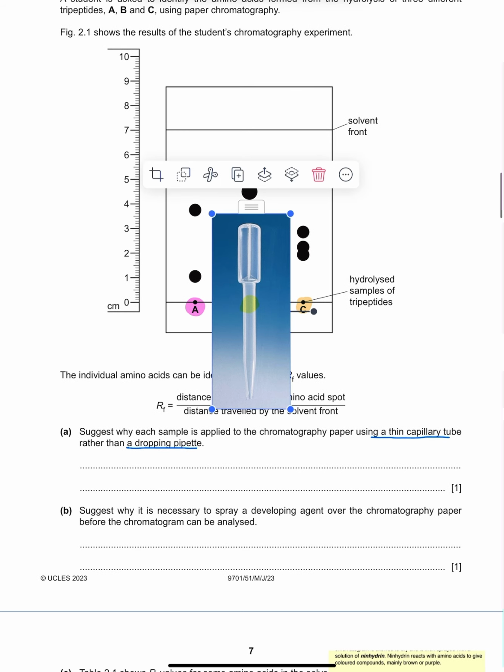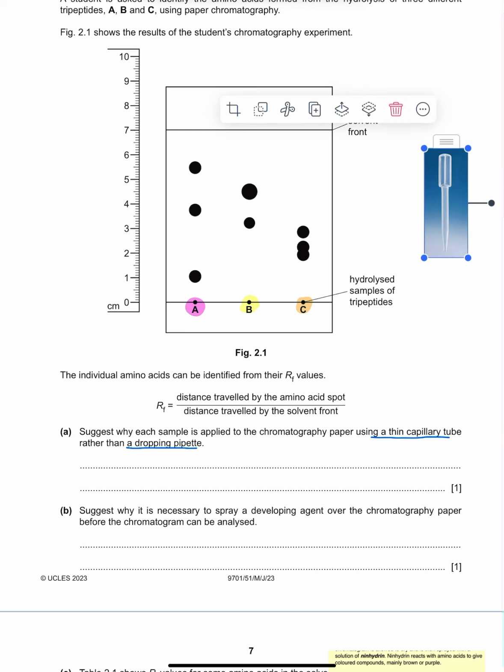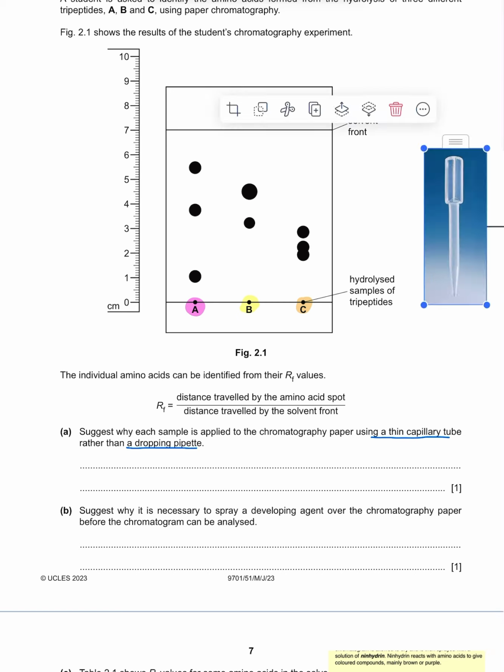You can see that in the case of a dropping pipette, we have a very large diameter. So if you have a large diameter, then whenever you apply the sample, the sample size would be comparatively larger, which will ultimately produce spots of large size.